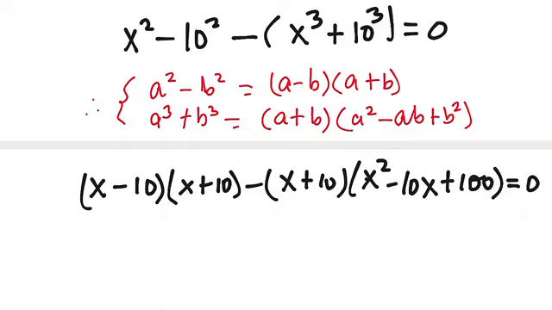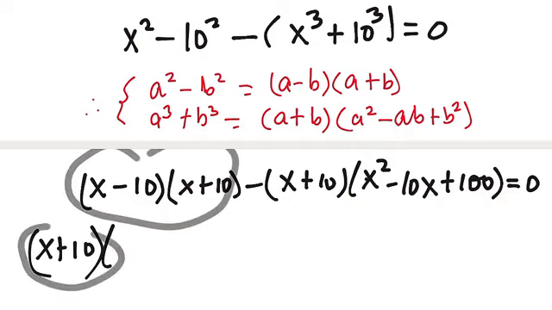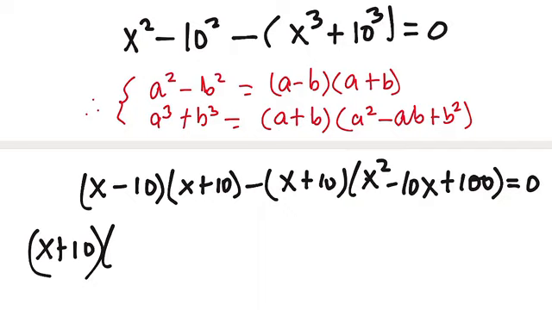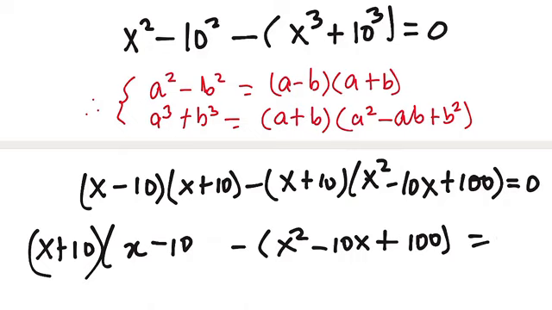So now from here, you can see we have something common, which is x plus 10. So we have x plus 10 into bracket. When you divide this by this, you are going to be left with x minus 10 here, then minus x squared minus 10x plus 100, then equals 0.